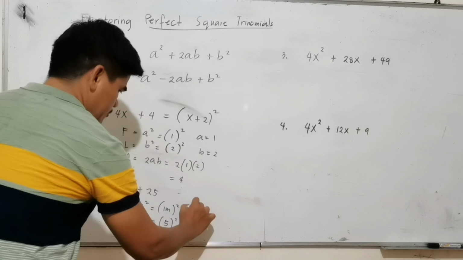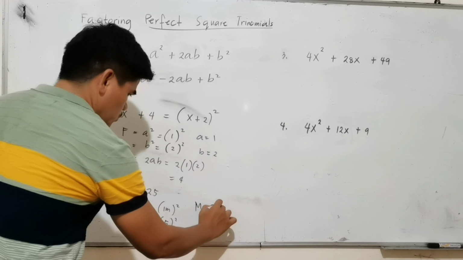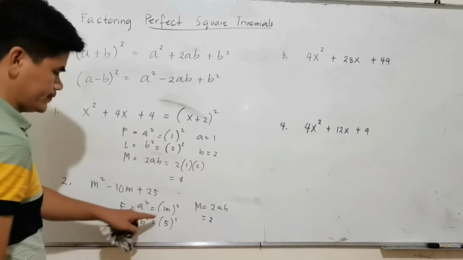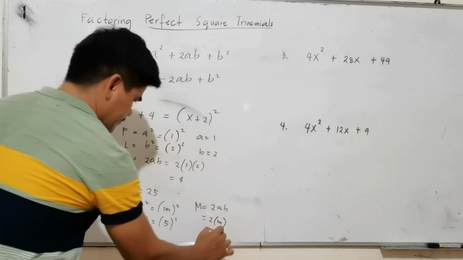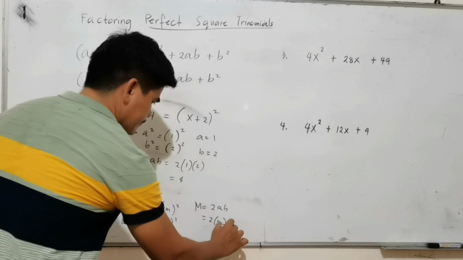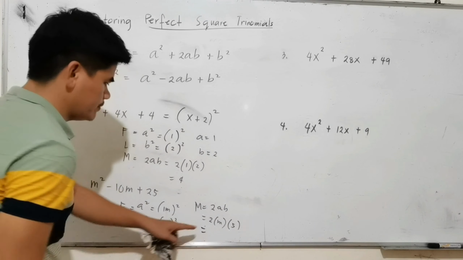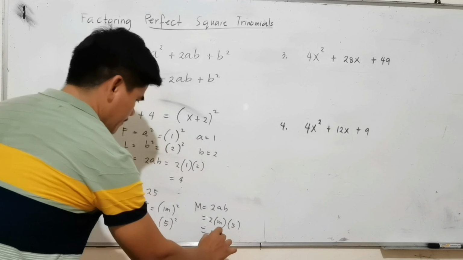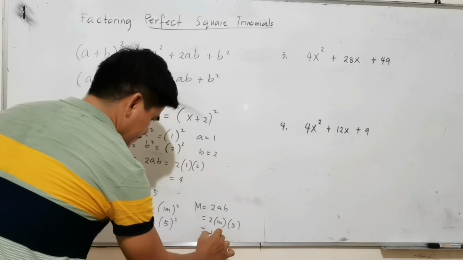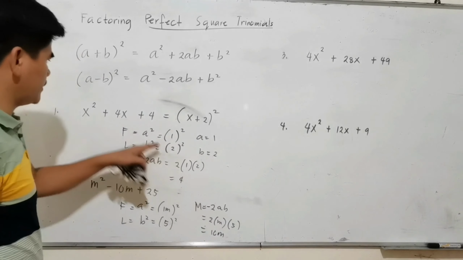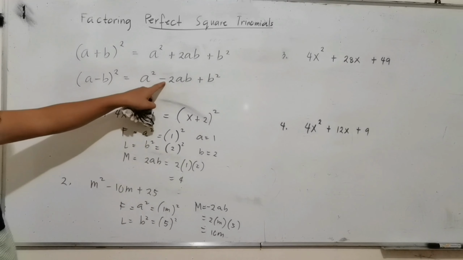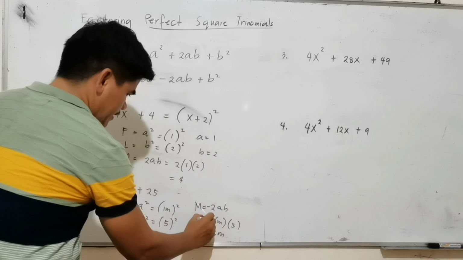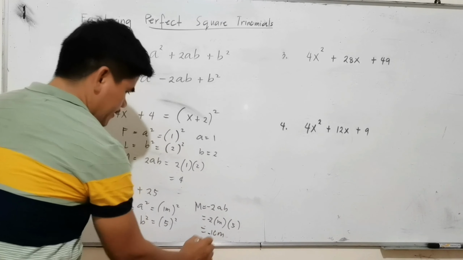Let us check the middle term. The middle term must be 2ab, where a is m and b is 5. So 2 times 5 is 10, so that is 10m. That is negative, right? Negative 2ab, because the middle term is negative. So we expect negative 2ab, that will be negative 2 times 5, which is negative 10m.